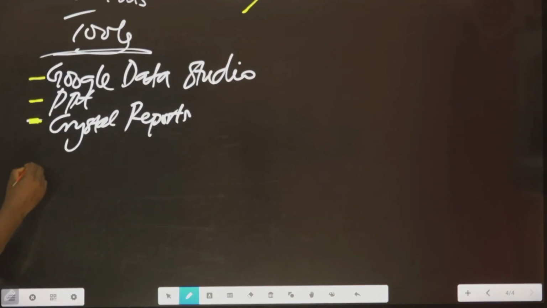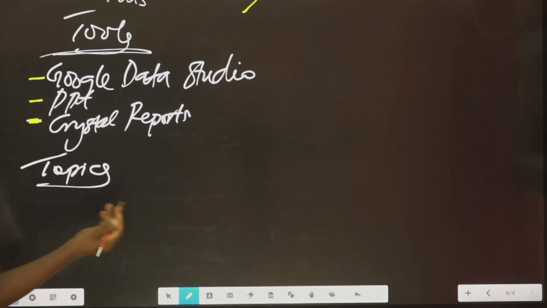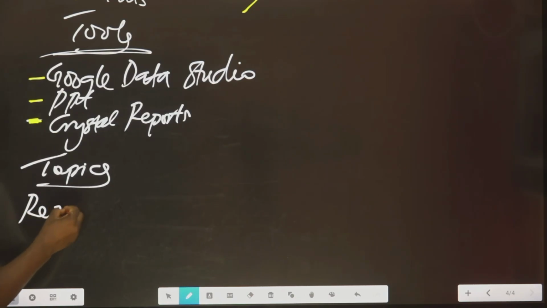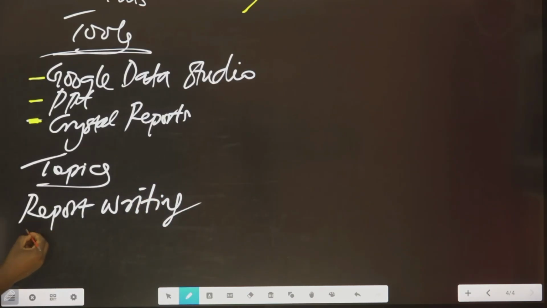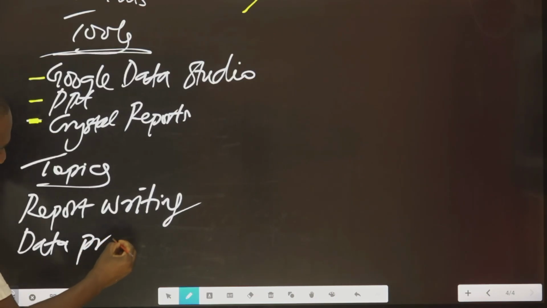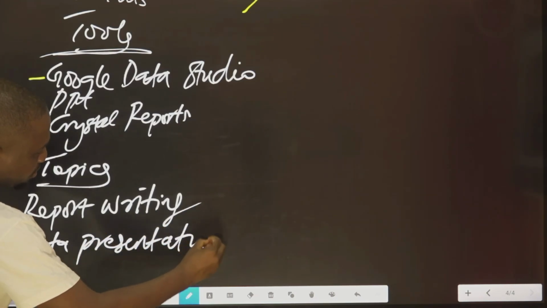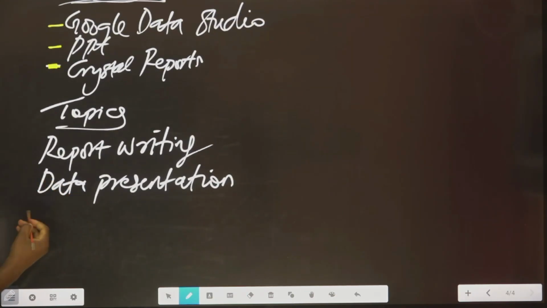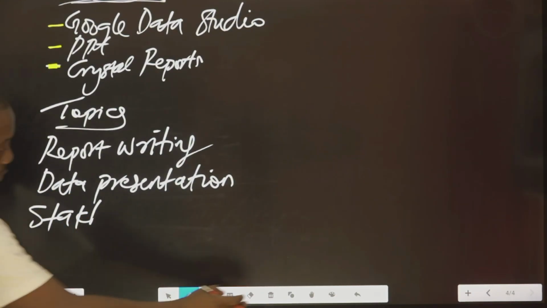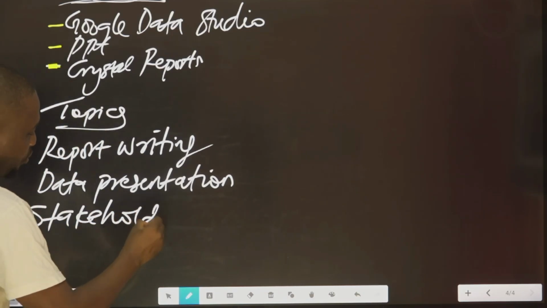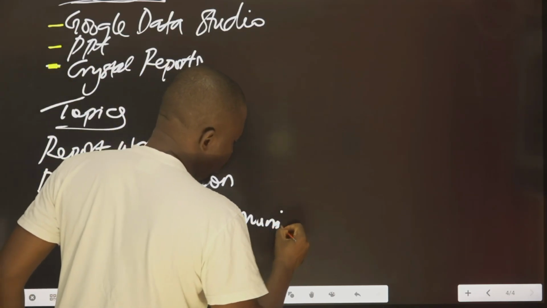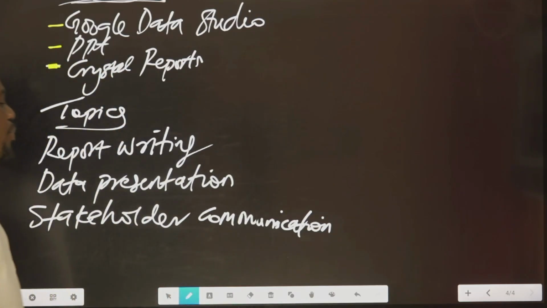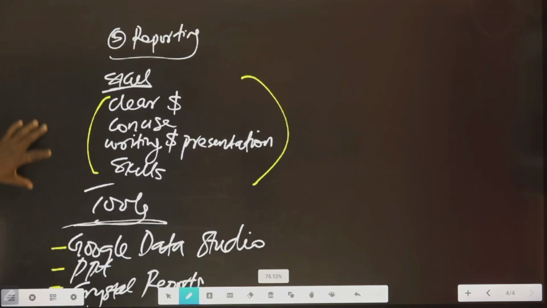And if you want to go for topics to study, you should go for report writing, data presentation, and also stakeholder communication. Know how to communicate with your stakeholders, to understand the report, to accept the report, and to work with the report. Hope you understand this.